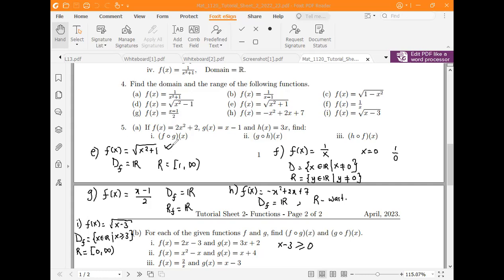Otherwise, for the root, if it's positive outside, then all positive values. If it's negative outside, all negative values are possible, unless the inside has a restriction, like the case of C. That is where we have that thing. Okay, so this is all about the domains and the range of these types of functions for this course.